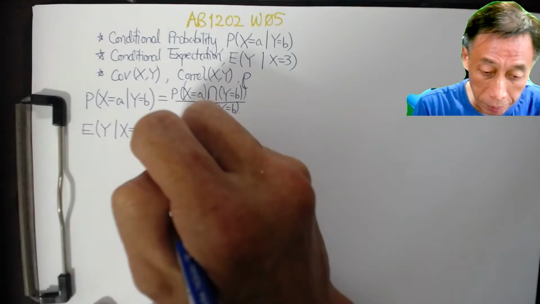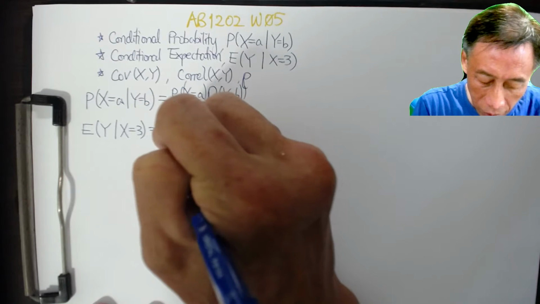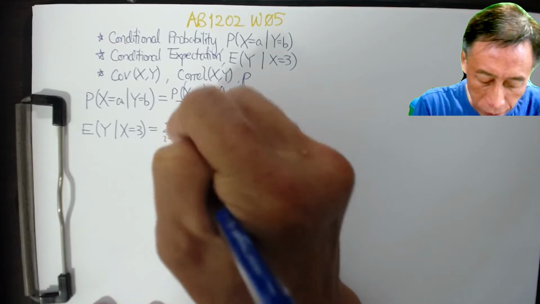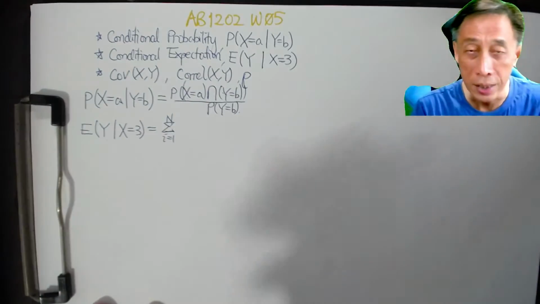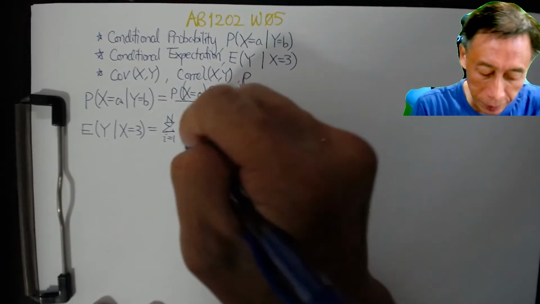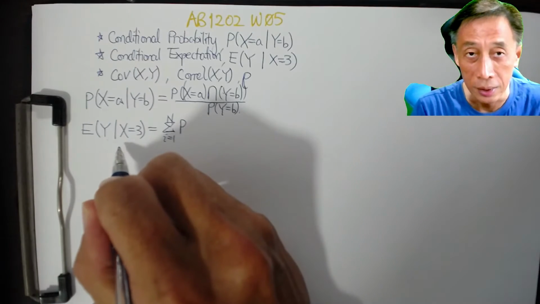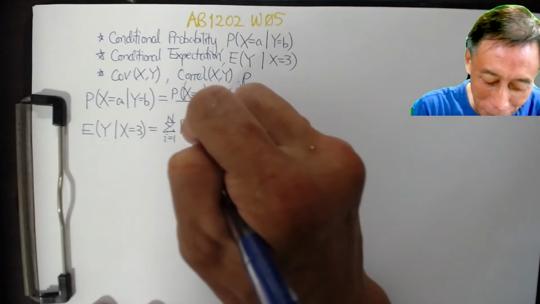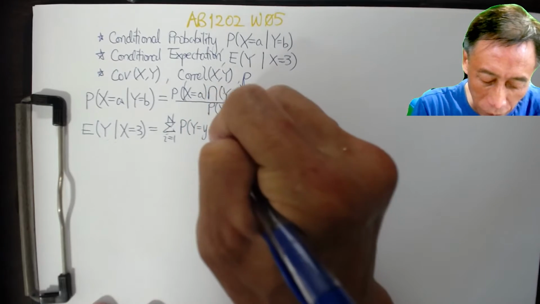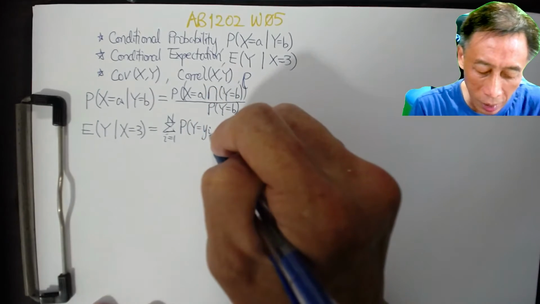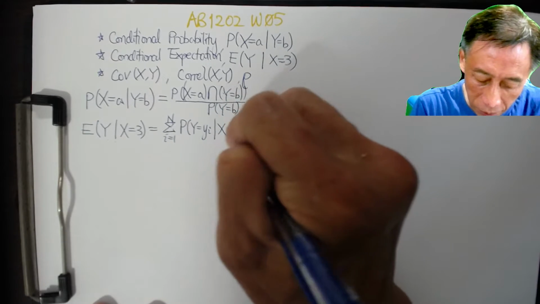Now, the whole idea is essentially just applying the expected value operator over all values of y, weighted by the conditional probability. So the conditional part is outsourced to the probability. That's all. So y equals all the valid values of y in y's sample space, given that x equals 3.